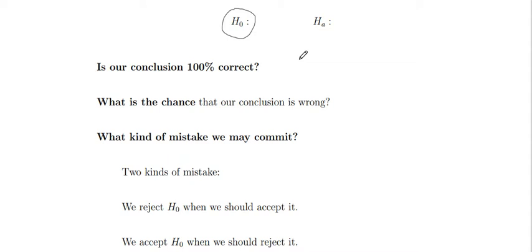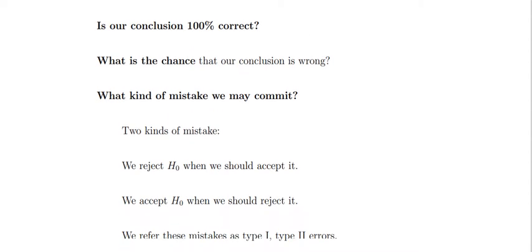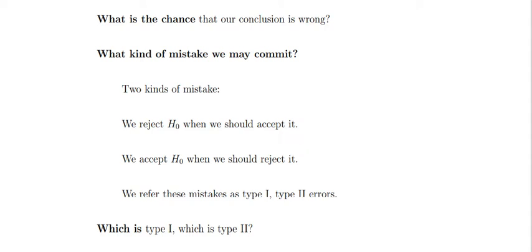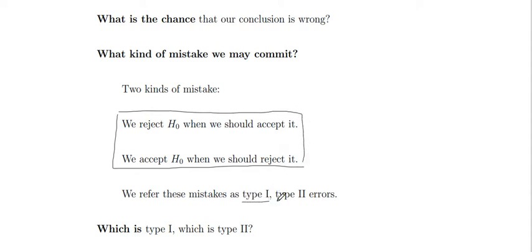So our mistake can be like this: we reject H0 when we should accept it, right? This is a mistake. And we accept H0 when we should reject it. So we have these two kinds of mistakes. We call these mistakes type 1 error and type 2 error.